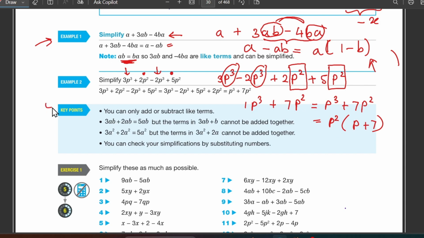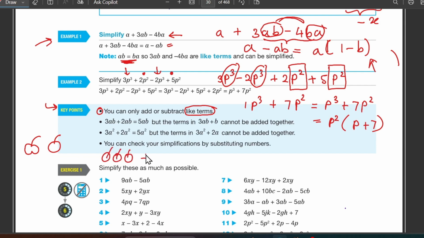Before going to the exercise, we have some key points here. You can only add or subtract like terms. See, we can only add or subtract like terms. We can't add apples and oranges, right? We can only add or subtract if they are the same.